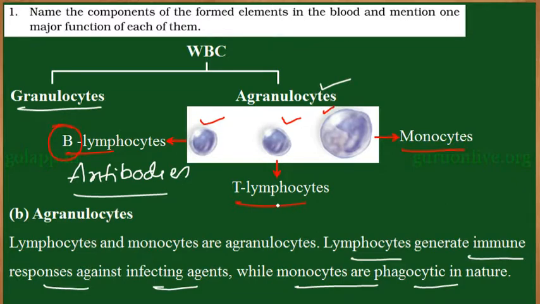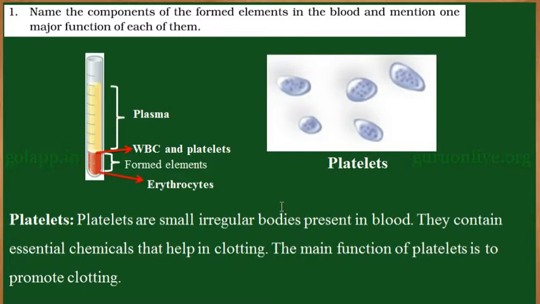So the next type of formed elements is platelets. So platelets are small irregular bodies present in the body. They contain essential chemicals that help in clotting. Whenever an injury occurs, when there is a wound, the blood starts bleeding. So if this bleeding does not stop, it leads to a fatal condition and a person might die.